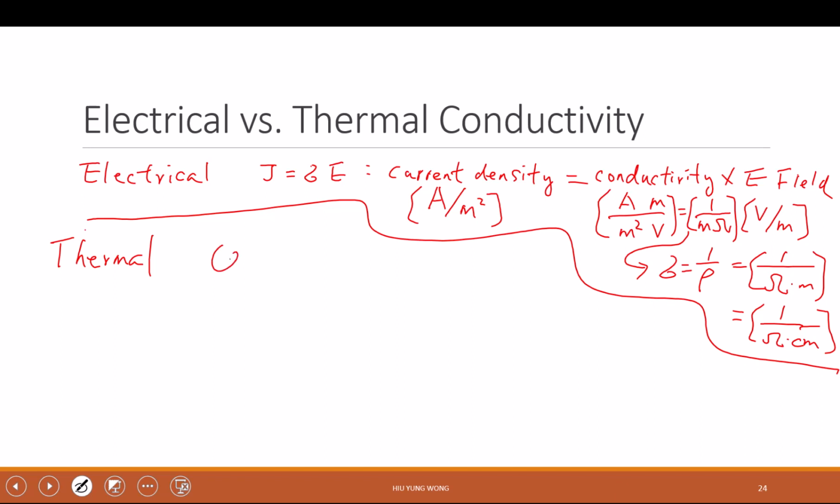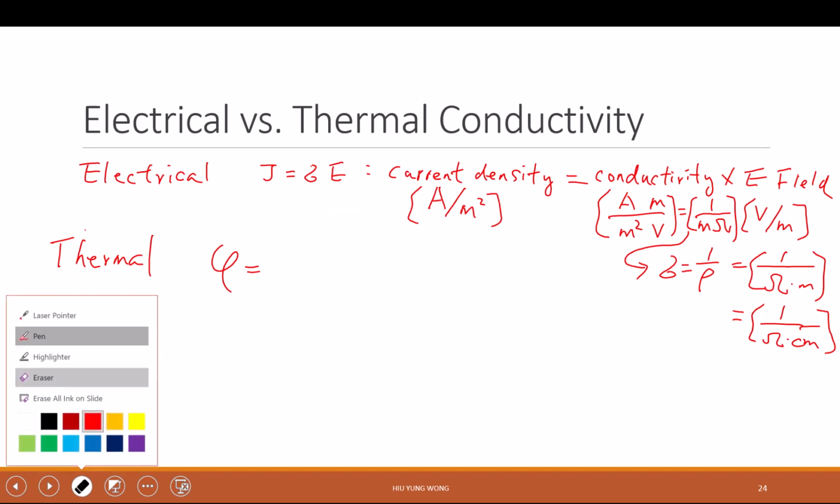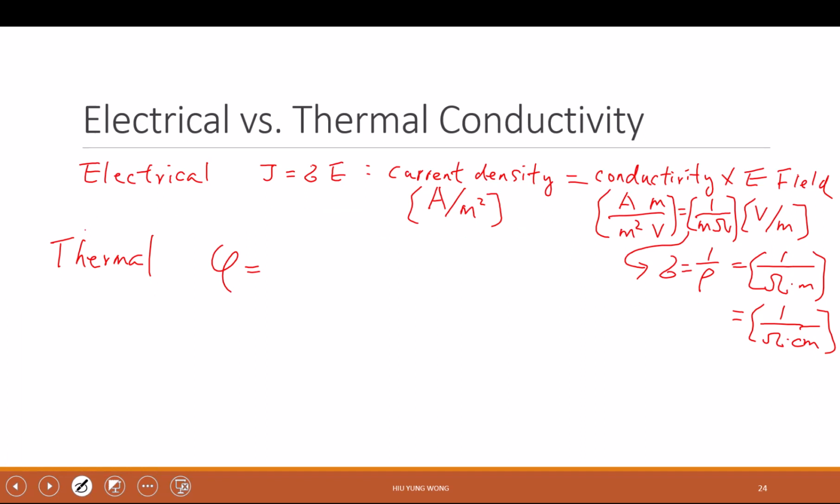It's something like this, phi equal to... actually, I forgot to say one thing, I'm sorry. What is the electric field in terms of voltage? Do you remember? It's negative, how is it related to the potential?